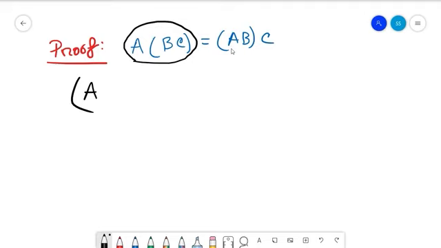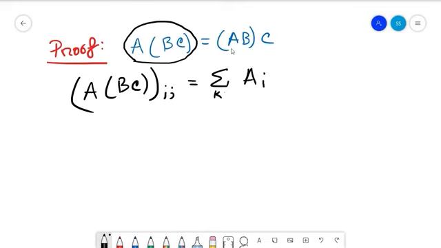I would have written it as D if you want, but I will consider this whole thing as a matrix and then I will write a component of it. So write like this, A(BC), and let's say I want to work with the ijth component, that is row number i, column number j. And then if you break this up, you have to put a summation symbol, let's say small k, and don't confuse this k with the other k that we discussed a few seconds earlier. This is just a dummy index.